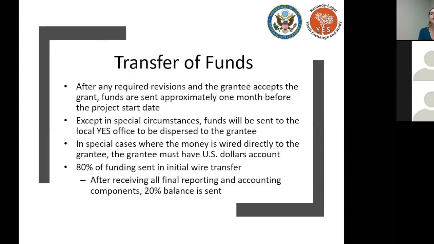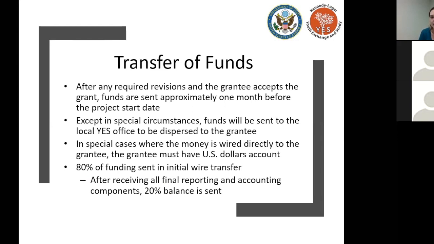Okay, so transferring the funds. After we go through the process of revising your proposal or budget and you accept the grant, as I said before, I try to send you the funds about a month before your project start date. Funds are sent to your local YES office unless there are special circumstances in which we send them directly to you.